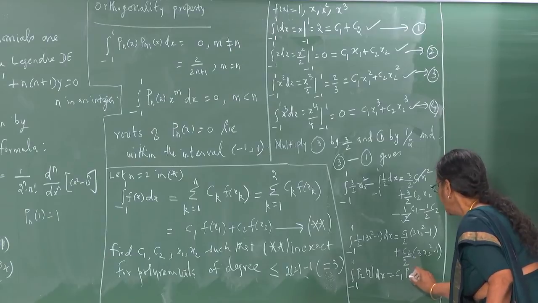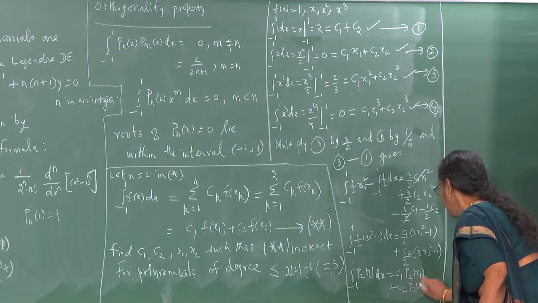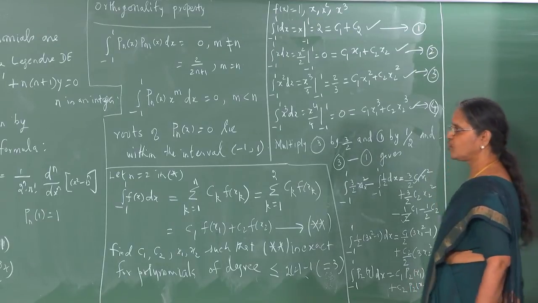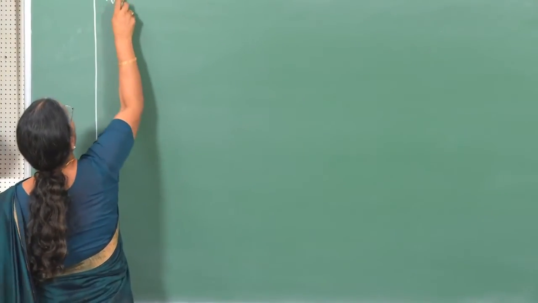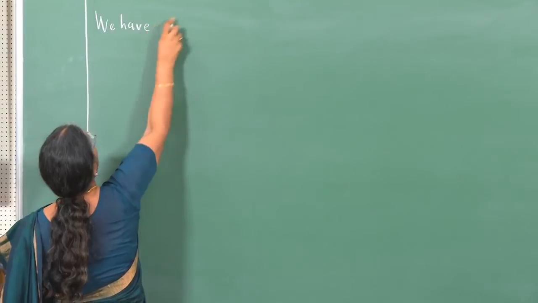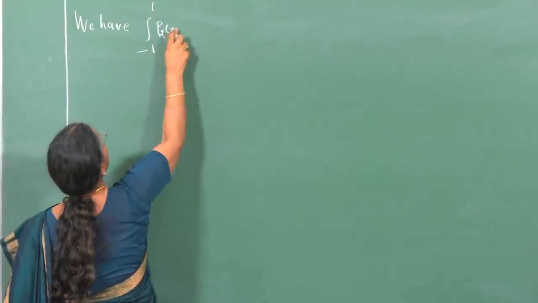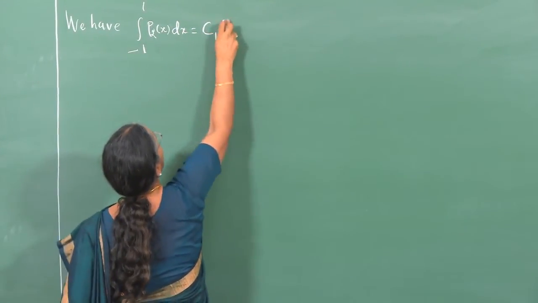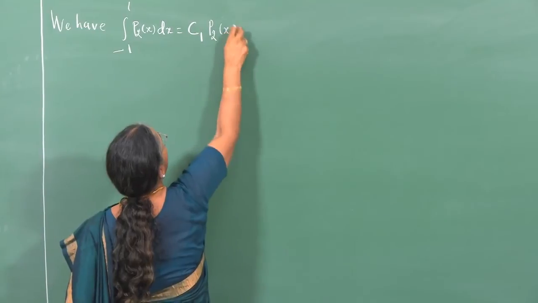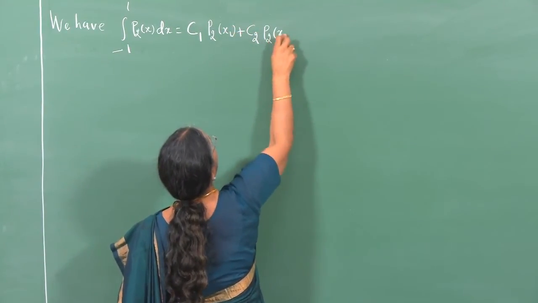It is p2 at x1, plus C2 times again p2 at x2. We have integral minus 1 to 1 p2 of x dx as C1 p2 of x1 plus C2 p2 of x2.